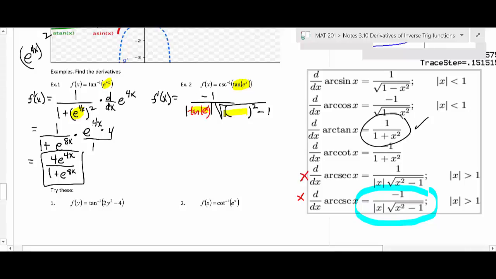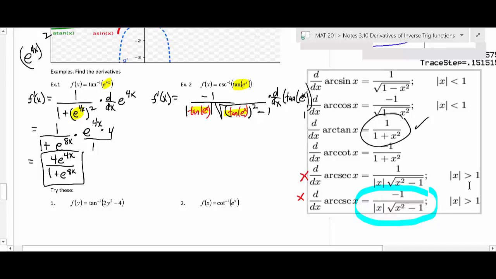So again, put that argument in there, tangent e to the x like that, and then since it's a chain rule, you're also going to have to multiply by the derivative of the tangent of e to the x. So that's how that thing gets put in the formula, and then we got to do that derivative and then just simplify it up. So again, it's negative 1 over the absolute value of the argument squared minus 1.